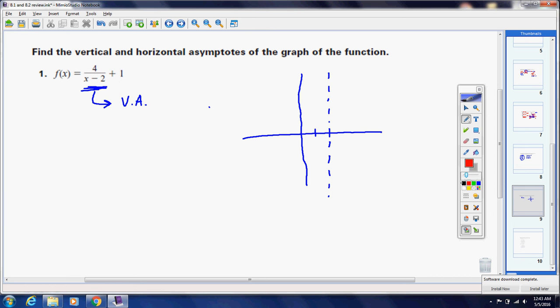So our horizontal asymptote is really going to be determined by this right here, which is going to be 1. So we have right at y equals 1.